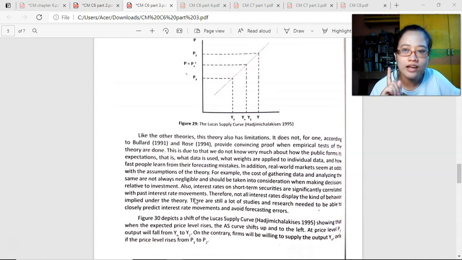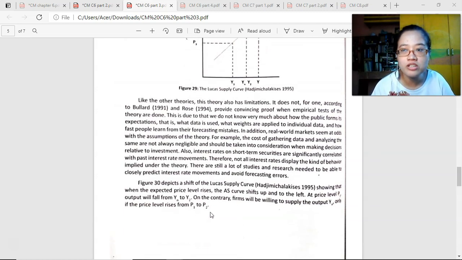Okay, so in a way, historical data still plays a role, right? Therefore, not all interest rates display the kind of behavior implied under the theory. There are still a lot of studies and research needed to be able to closely predict interest rate movements and avoid forecasting errors. Okay, because it would involve a lot of research for you to have all the information that you need to make the best decisions.